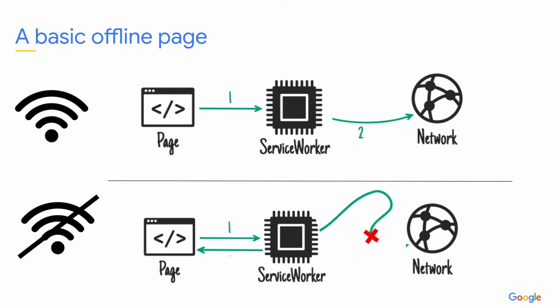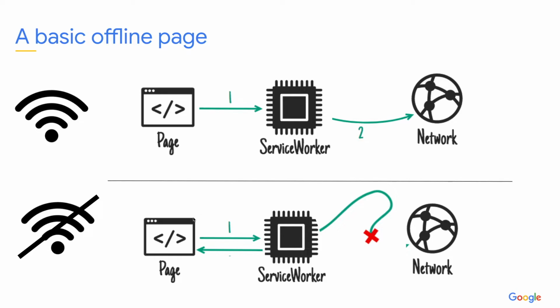So the basic offline page that we want to create will handle this situation. When we are connected to the internet, the request will go through the service worker and then to the network.